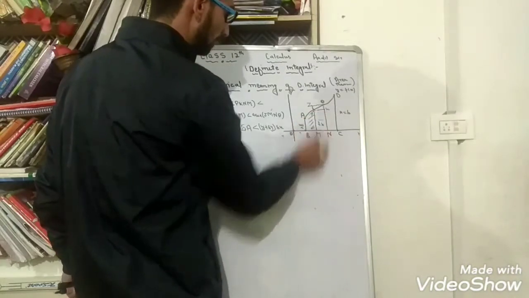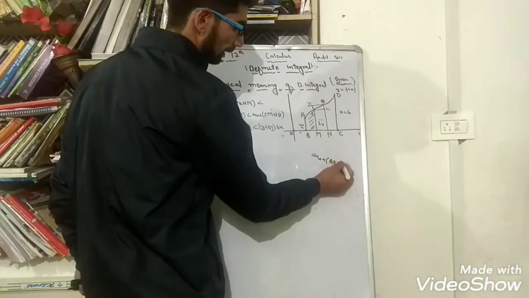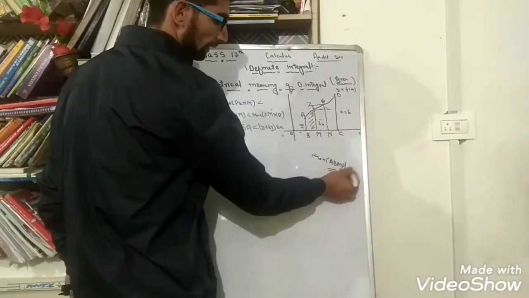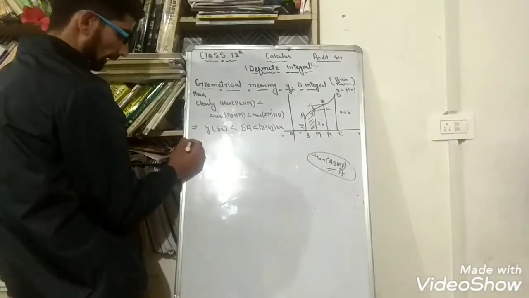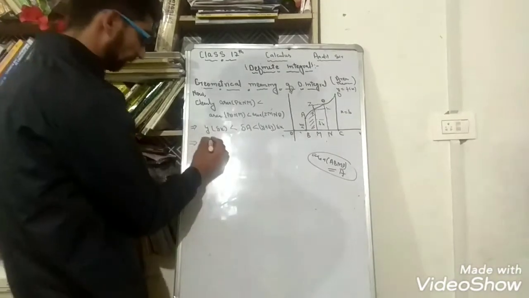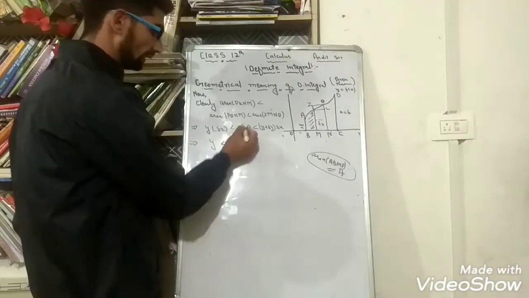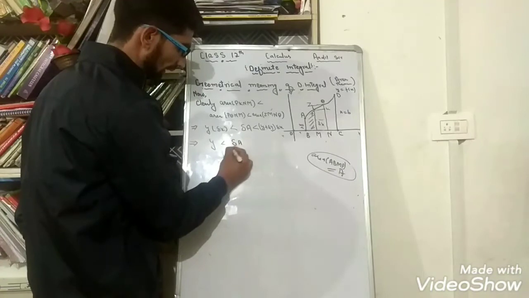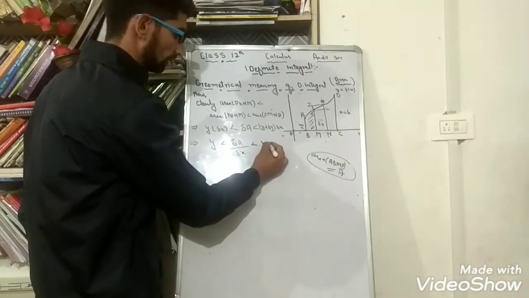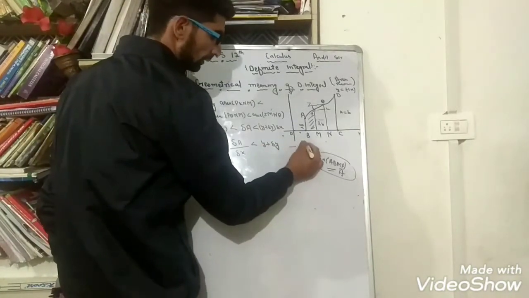So here area A, B, M, P, I have taken it equal to A. So now here I will divide throughout by del X. So here I will get Y del X divided by del X. Del X will get cancelled with del X, and less than, this is del A, and it will get divided by del X. This is less than Y plus del Y divided by del X, that will get cancelled. So I will take this equation forward.